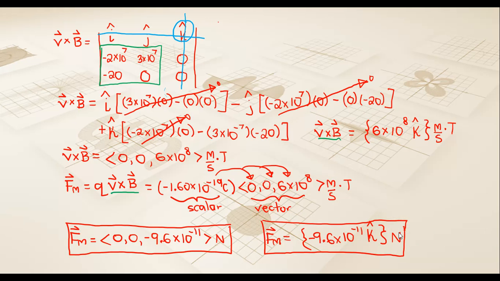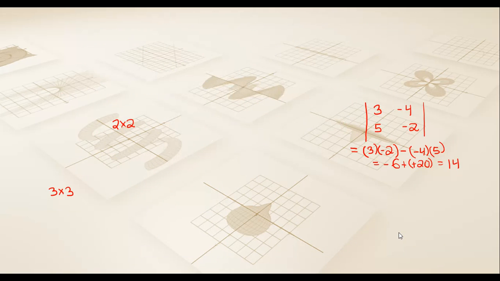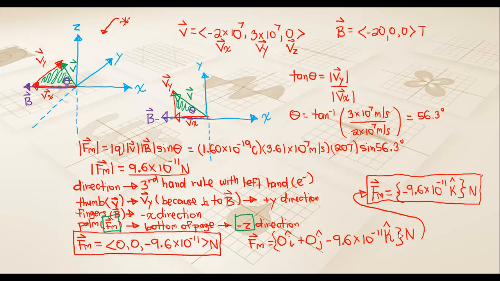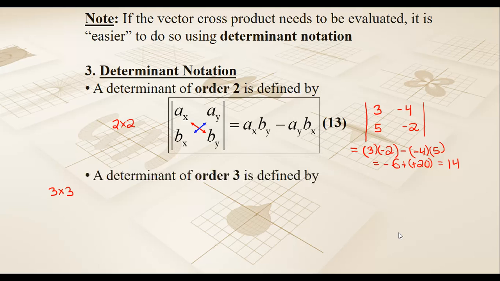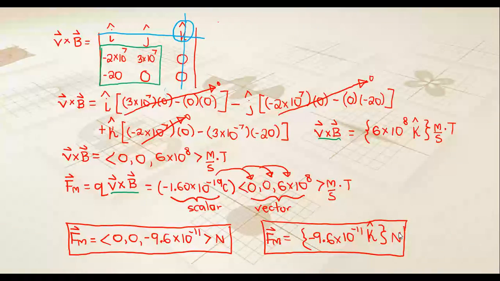Now you notice here, this is the exact same answer as I got from example 3 using the other method. That method involved figuring out the magnitude and direction separately and then combining them together. This method involved actually evaluating a vector cross product.